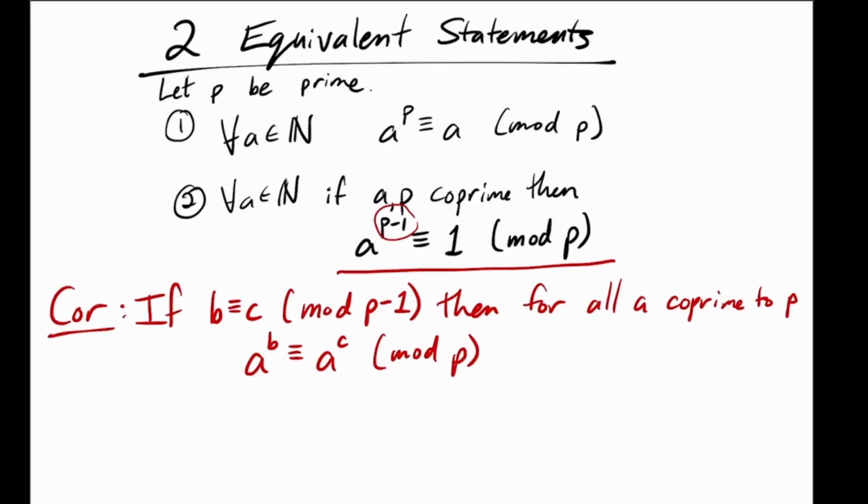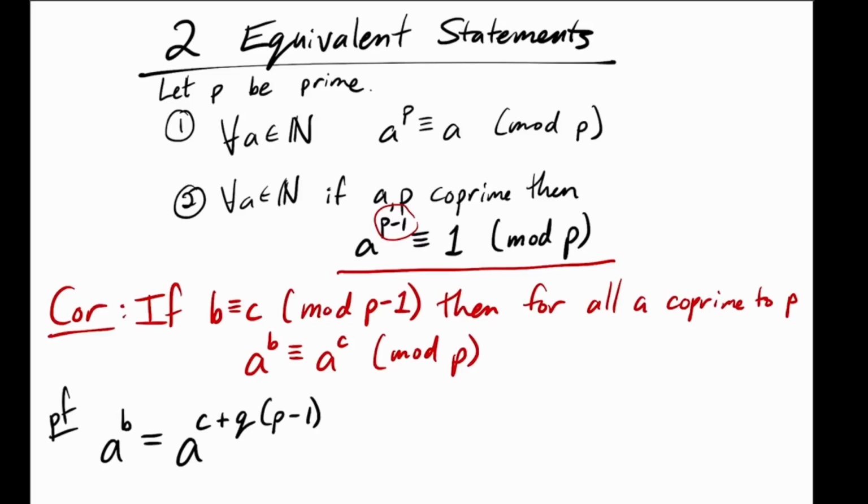And the proof of this corollary just takes one line here. We just take a to the b, and if b is congruent to c, that means that b is equal to c plus some multiple of p minus 1. So this is equal to c plus some quotient times p minus 1.